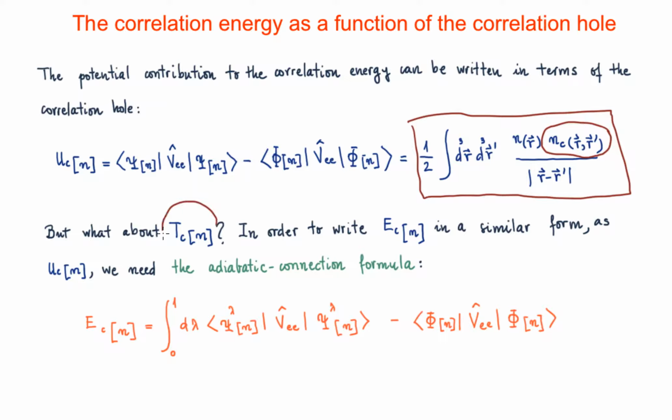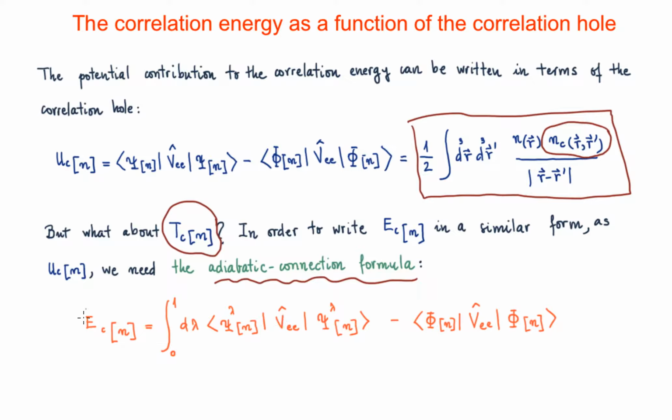And what about the kinetic energy contribution here? That's going to be tough to do. That's really difficult to do. In order to write that correlation energy functional in a similar form as we are doing here for just the potential energy contribution, we need the adiabatic connection formula. Why is that?